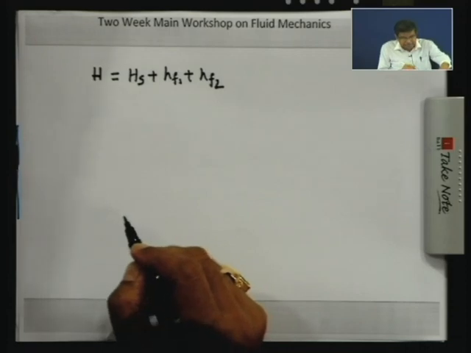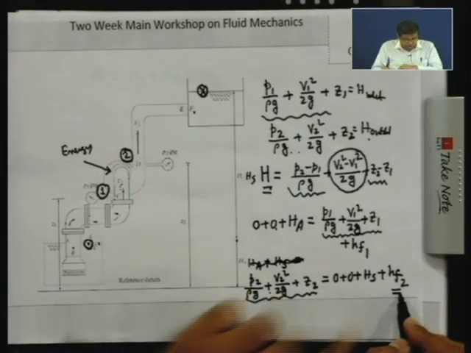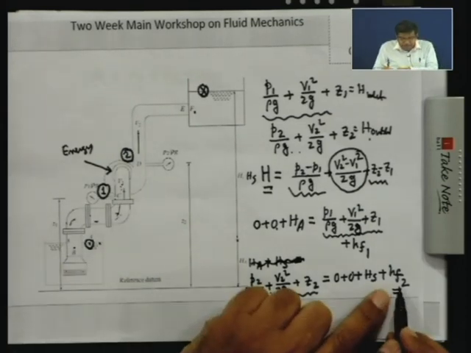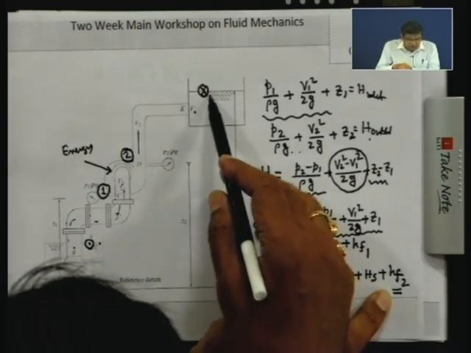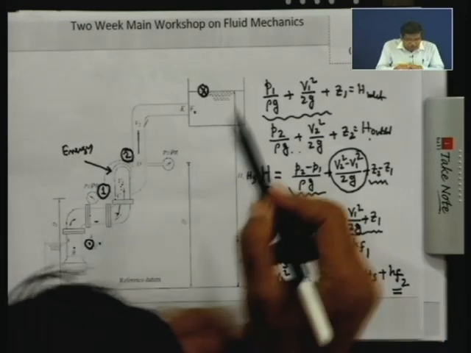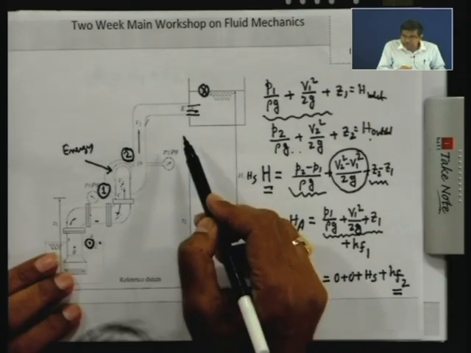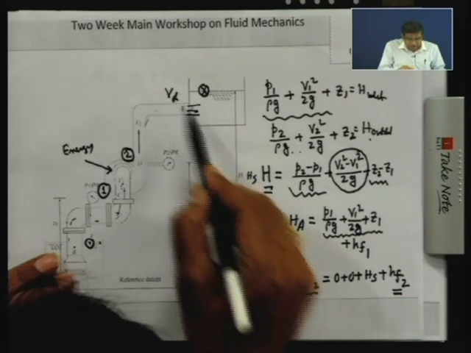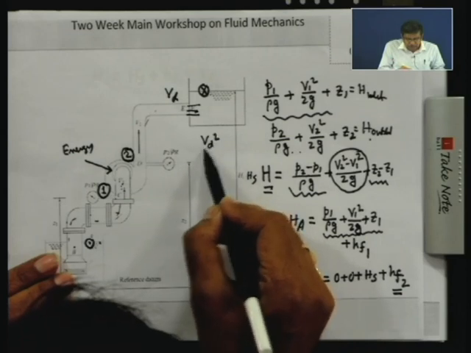Now, one thing here: HF1 represents all the frictional losses, HF2 represents a loss which is the frictional loss plus, when it comes into this tank, it comes with a velocity in the delivery pipe, Vd for example. This velocity is lost, that is the exit loss, I told you, Vd square by 2g.